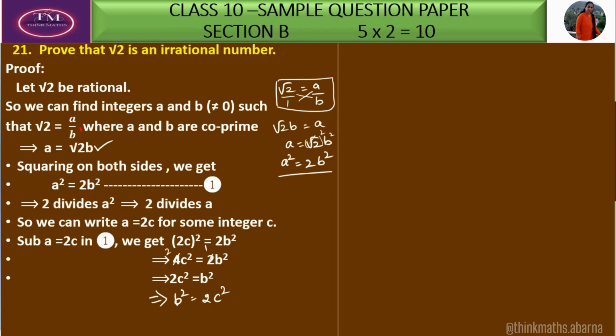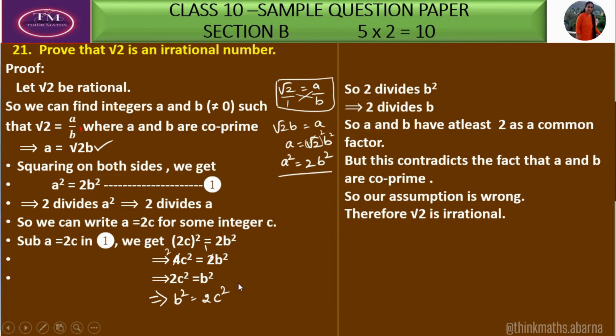In this b square there will be a factor of 2, so 2 divides b square. We know from the theorem that 2 divides b. So what happened here? 2 divides a as well as 2 divides b.